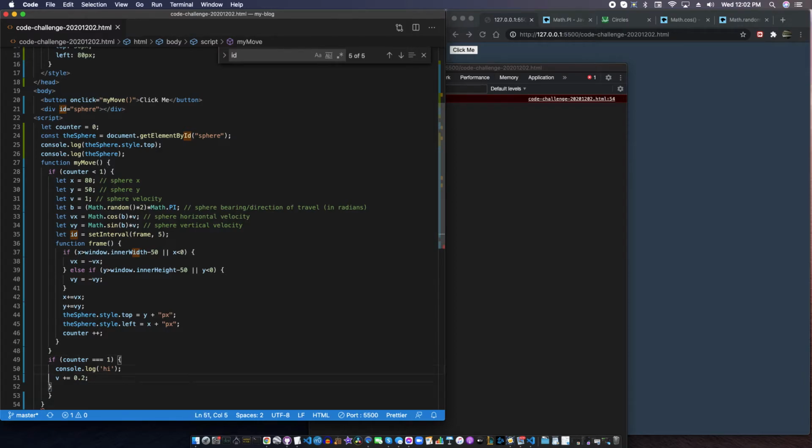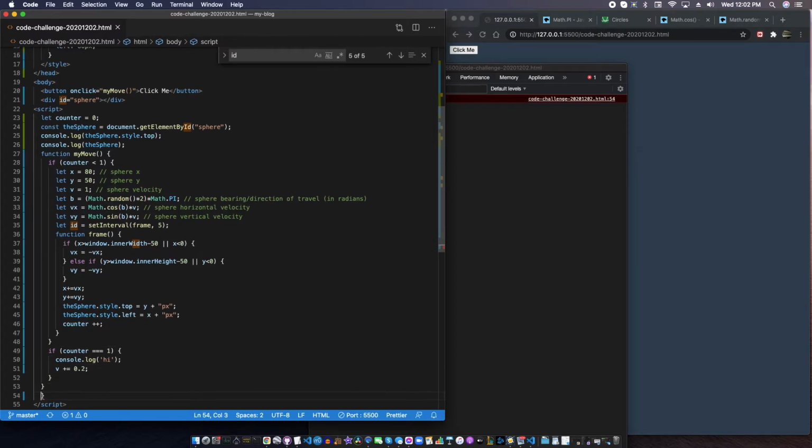Something's wrong with my indentation. Do I have an extra curly brace? I do. Wait. That's extra. So that contains my function. And then there's 2 entirely separate if statements within the myMove function.